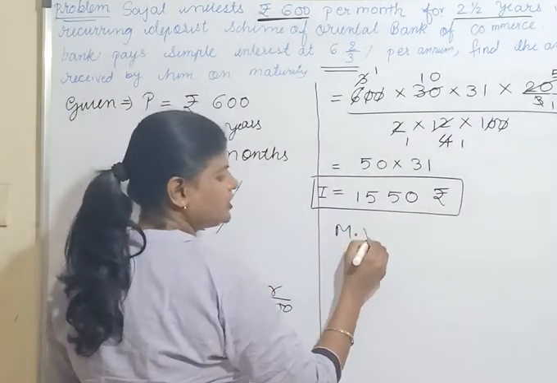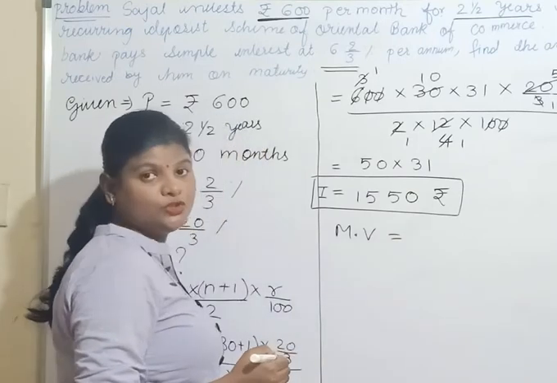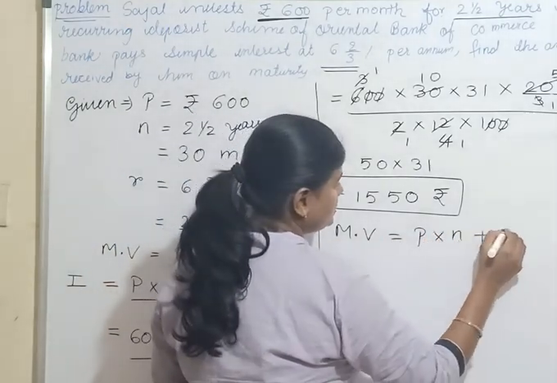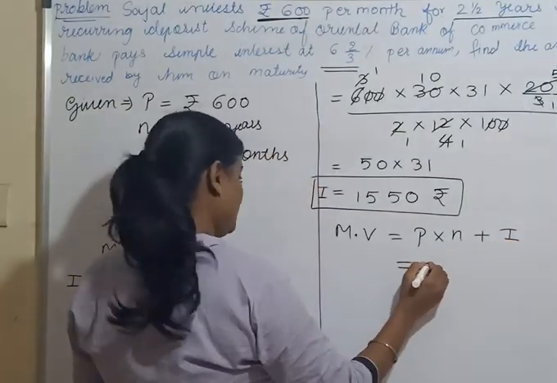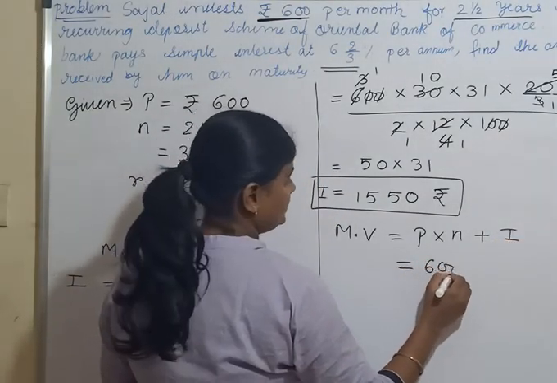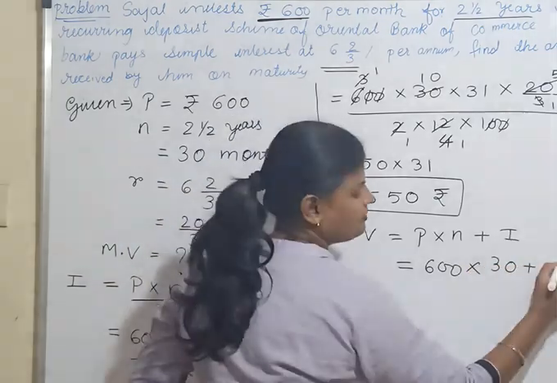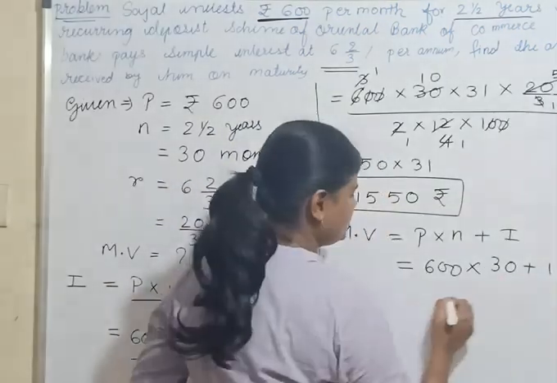Now we know the interest, so we can find the maturity value. Maturity value equals P into N plus I. P is 600, N is 30, plus 1550.